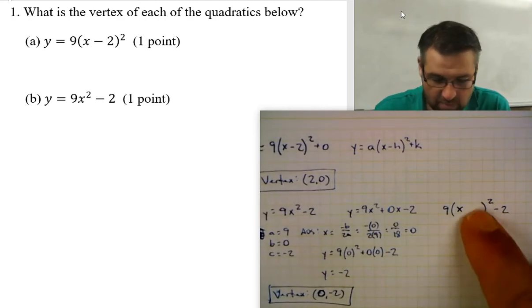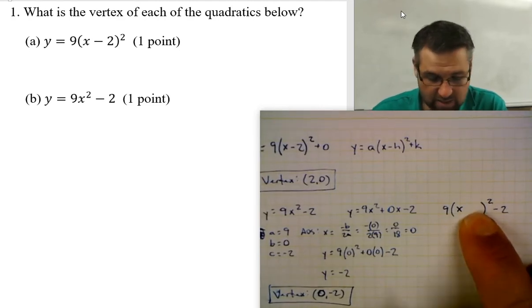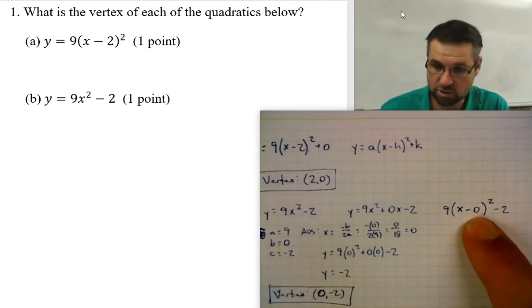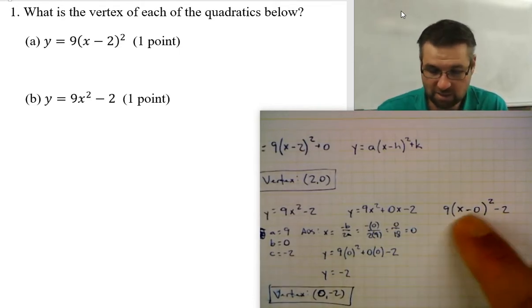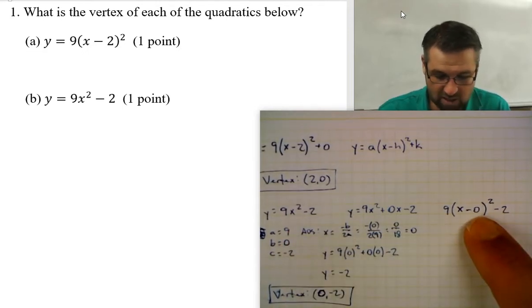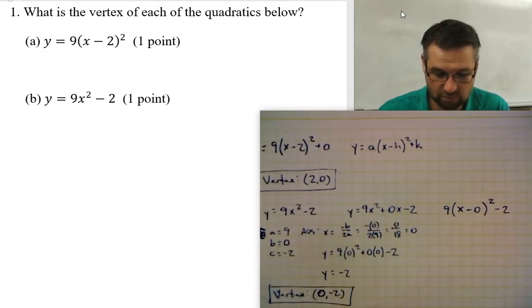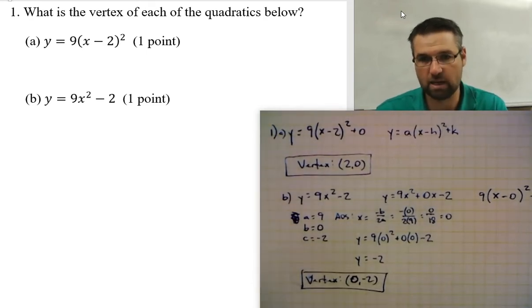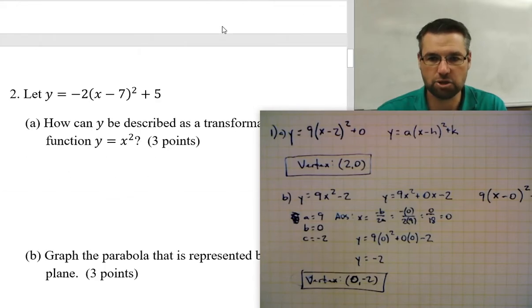So what is it that I'm adding or subtracting to x to make x squared? Well, that would be 0. x minus 0 is just x. So we can see that they're the same thing, but then we can see our vertex is (0, -2) there. Okay, so that's for part B. Again, a lot of people got part A right, but not part B. Let's go ahead and take a look at number 2.